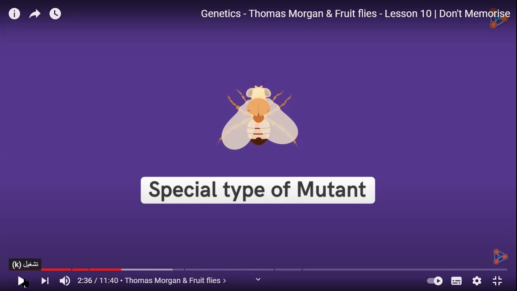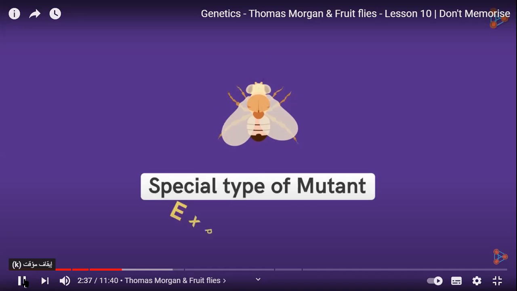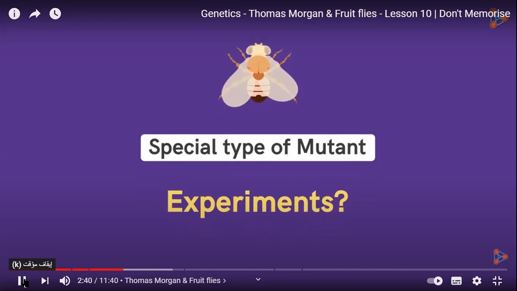He wanted to experiment to find out where this would lead. The study of this strange mutation would lead him to something, so he started doing experiments on it. So how did he plan his experiments? What was the procedure? Let's find that out in the next part.